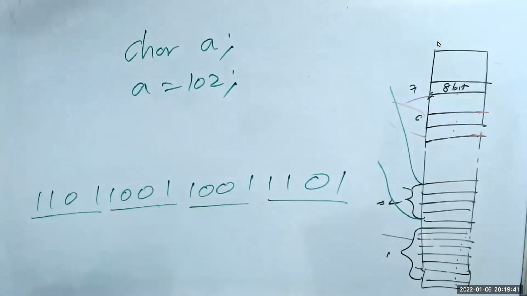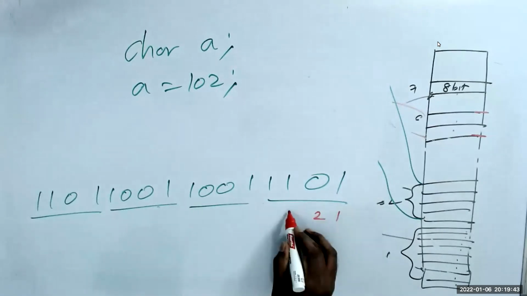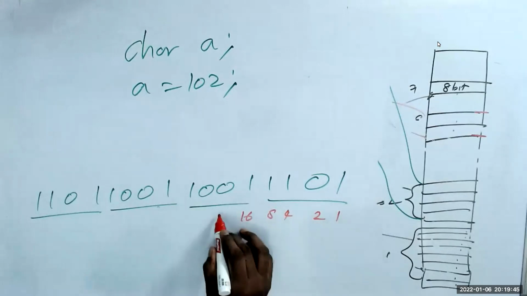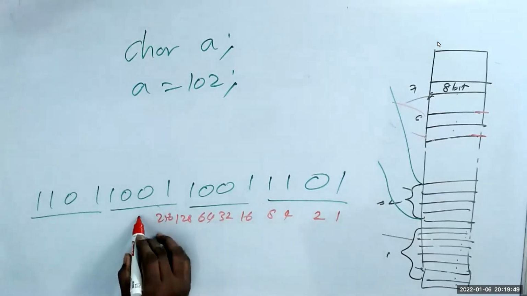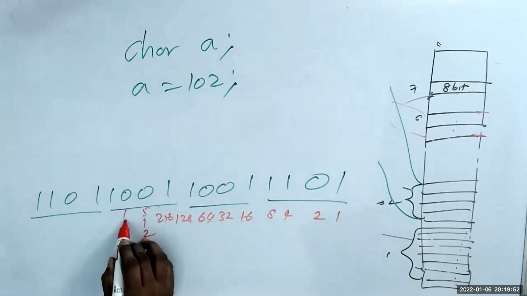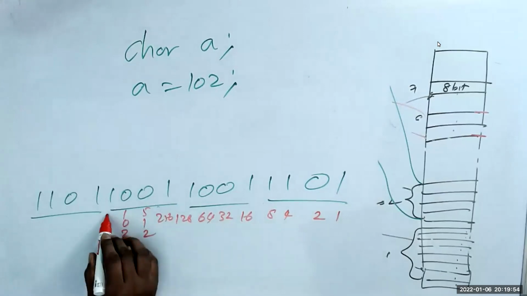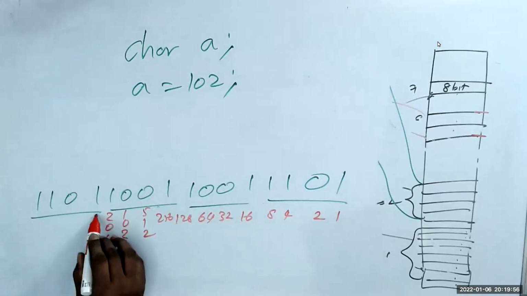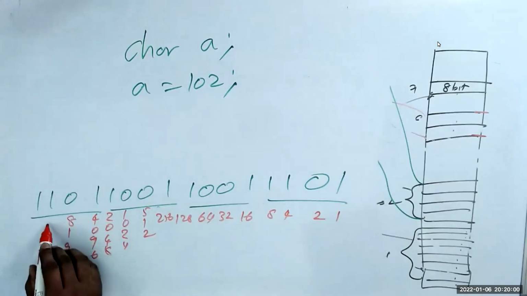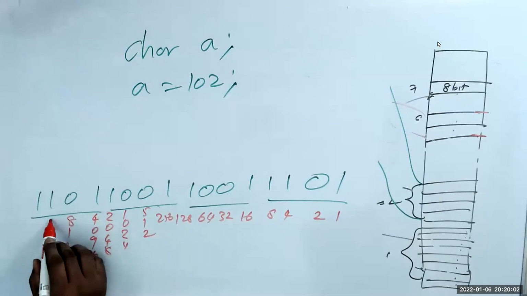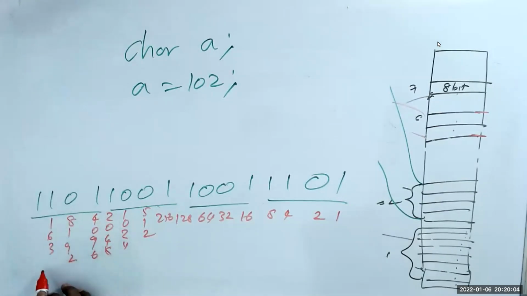Then you have to convert like this: 1, 2, 4, 8, 16, 32, 64, 128, 256, 512, 1024, 2048, 4096, 8192, 16384, 32768.